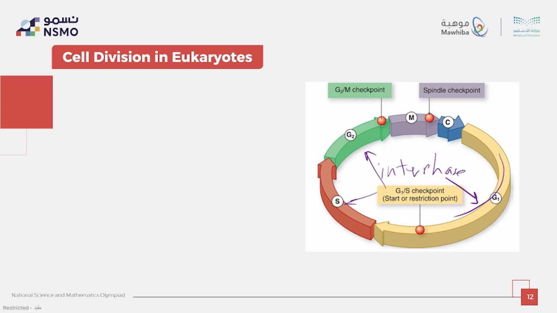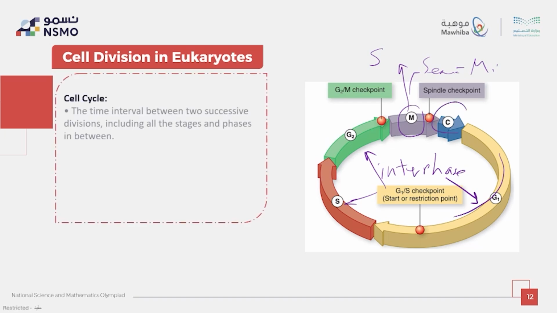The second one is mitosis if the cell is a somatic cell. But if the cell is a sexual cell, it will be meiosis, okay? And the third is cytokinesis.